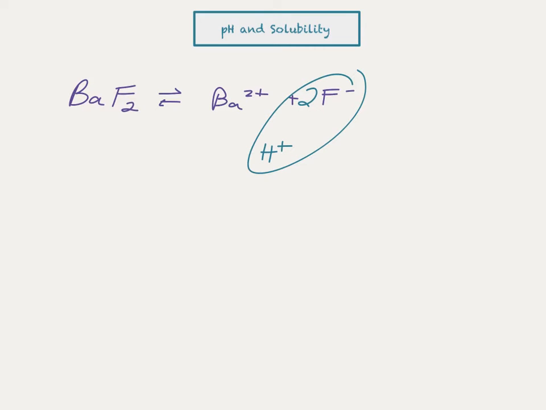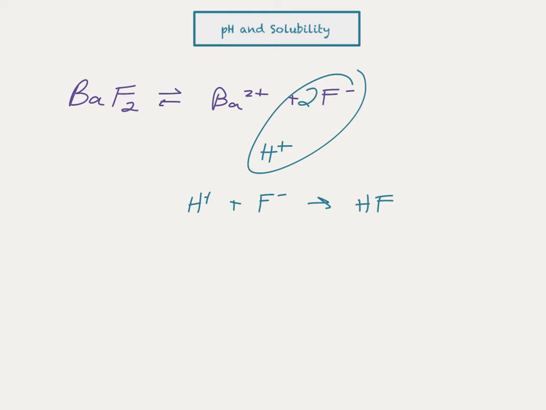This process works the same for things like barium fluoride. If you add in extra H plus from a source like hydrochloric acid, the hydrogens will attack those weak bases to produce the weak acid.